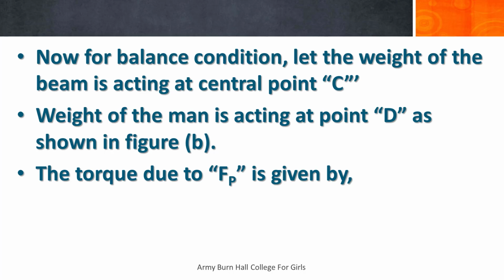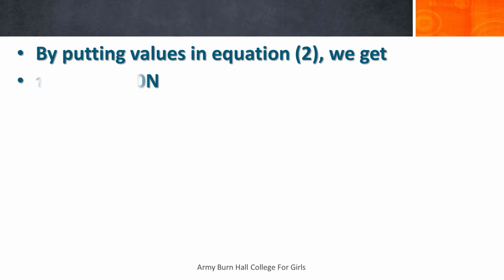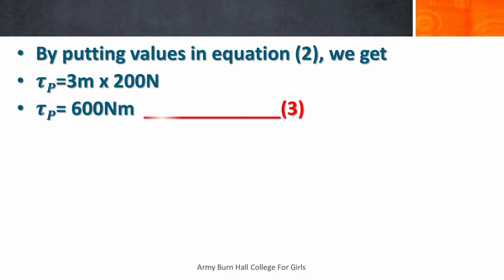Now we will find out all the torques separately and we will put them in equation number 1. Tau P is equal to LP cross FB. By putting values in equation 2, FP and LP are given, so we find the torque due to the beam, tau P, which is 600 Newton meter.